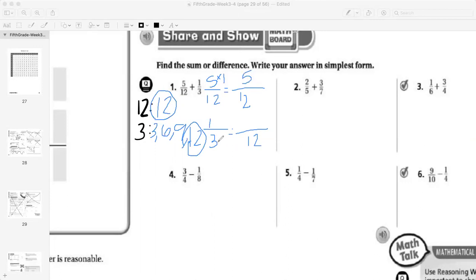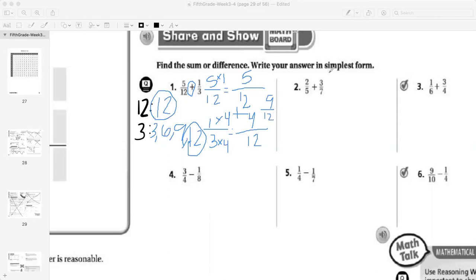We have 5. 3 times what gets me 12? That would be 4. Then multiply by 4 up top. And then if I look, I was adding here. So I'm doing 5/12 plus 4/12, which 5 plus 4 gives me 9 over 12.